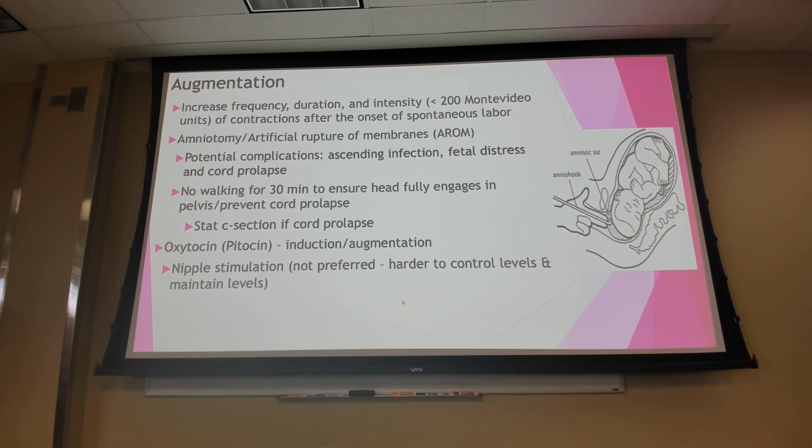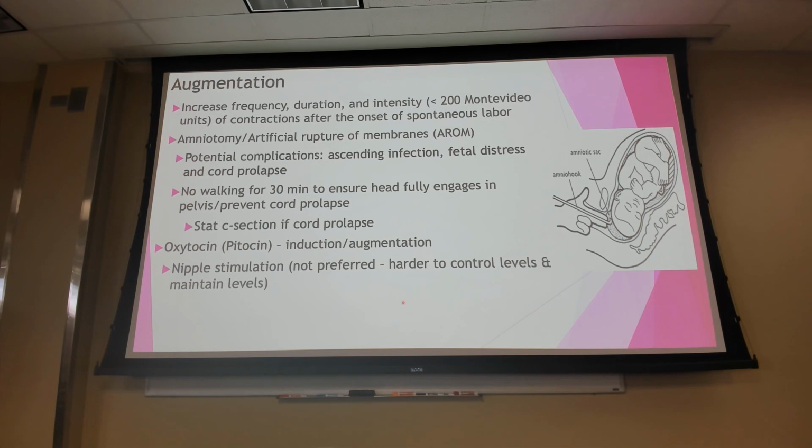So one of the ways they can do this is amniotic rupture, rupture of the amniotic sac. Okay? If they do that, mom is essentially going to be in bed for at least 30 minutes, because they want time for the baby to descend down in the birth canal. So if we rupture that amniotic sac and allow mom to get up and walk around, there is a likelihood that that umbilical cord will slide down in front of the baby's head, and now we'll have a cord prolapse.